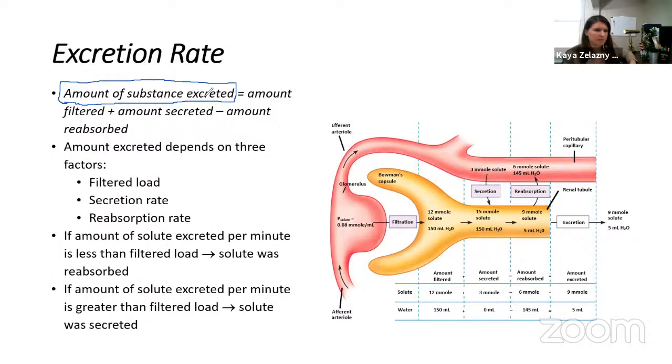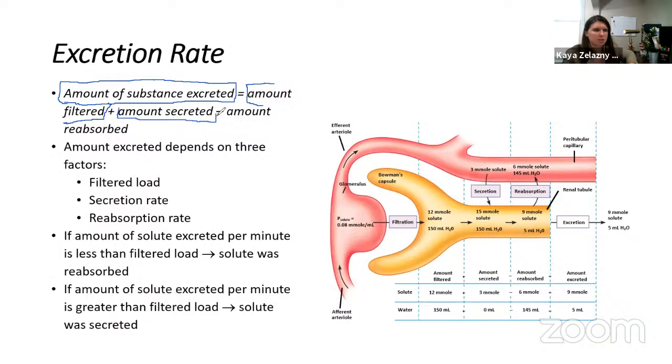So the amount of substance excreted is going to be the amount filtered, right? So our amount filtered, which is the amount that would get into the nephron, right? As we are pushing our plasma through those glomerular capillaries, right? So this is basically kind of going to be your filtered load approximately, plus the amount secreted.